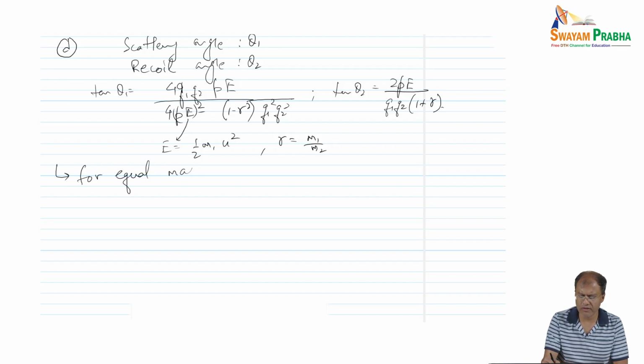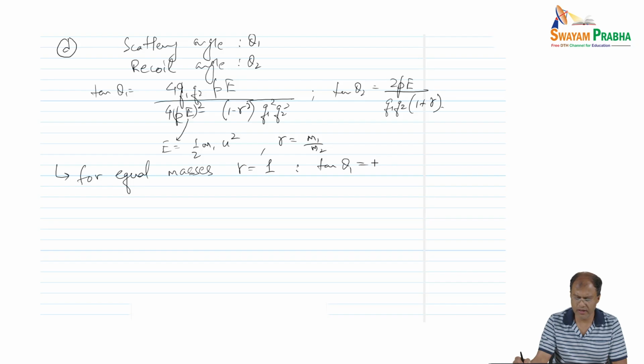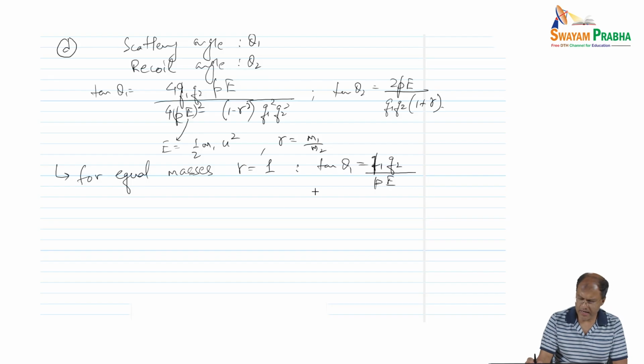For equal masses, gamma is 1, and in that case our formula reduces to this simple form: tan theta 1 is q1 q2 by p e, and tan theta 2 is minus p e by q1 q2.